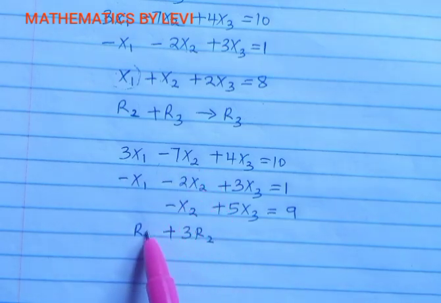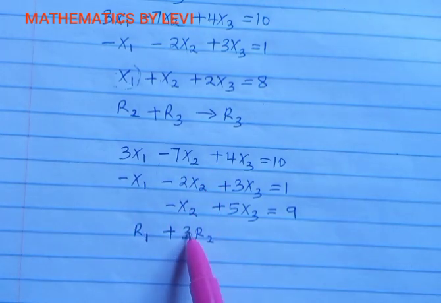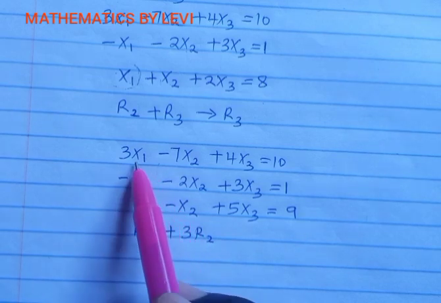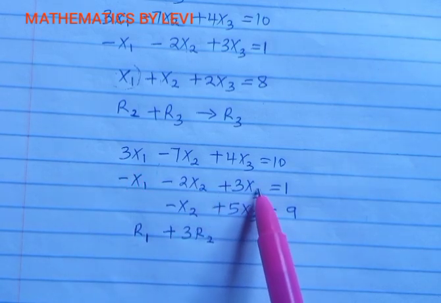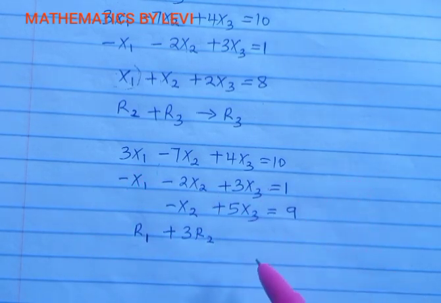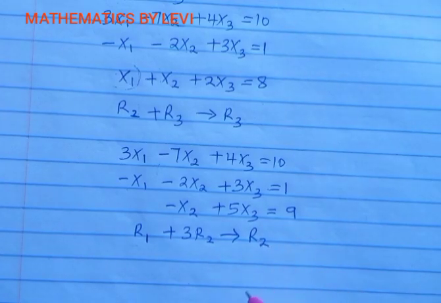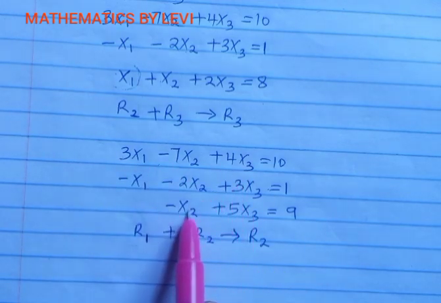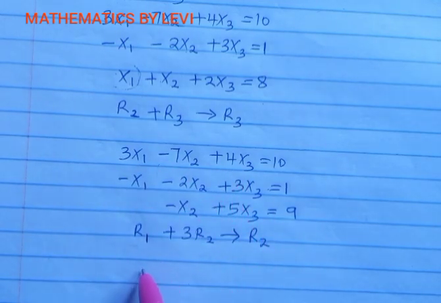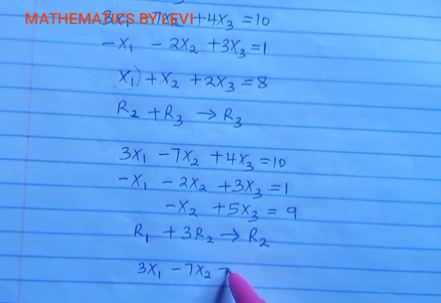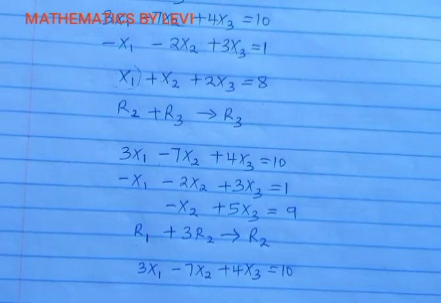This is the first row, R1 plus 3R2, that is 3 times the second row, so that we can obtain our new R2. That is our new row 2. That means our row 1 and row 3 remain the way they are. That is 3x1 minus 7x2 plus 4x3 equals to 10.